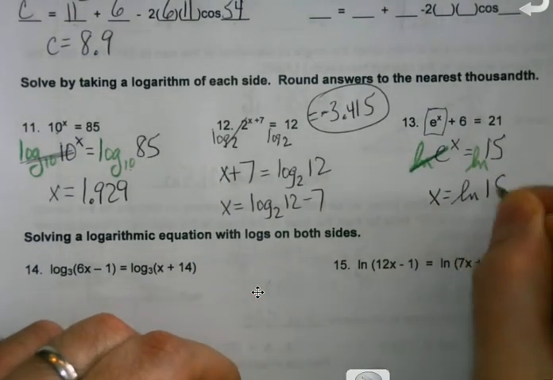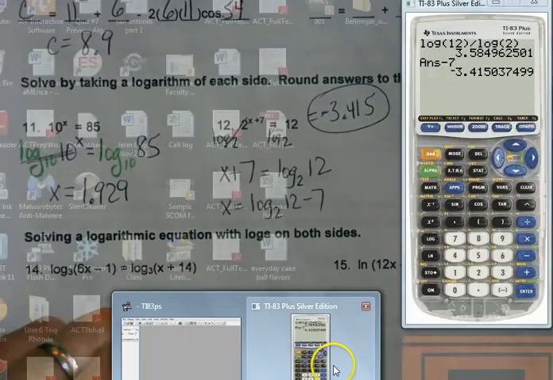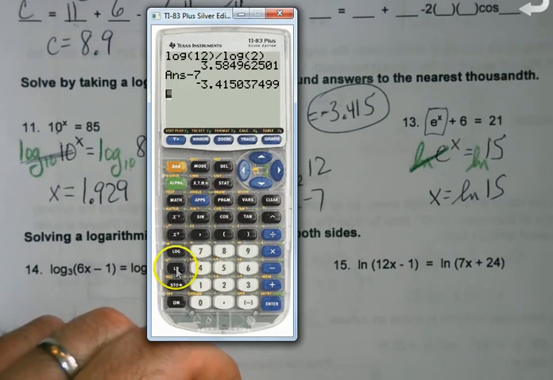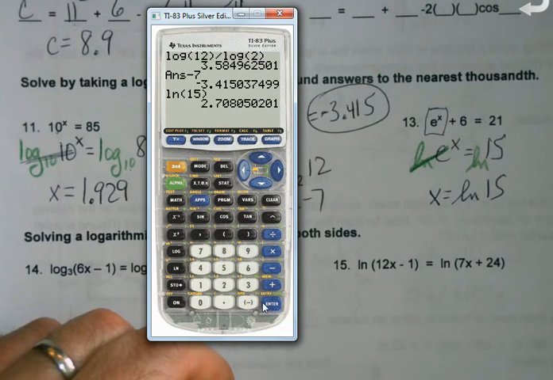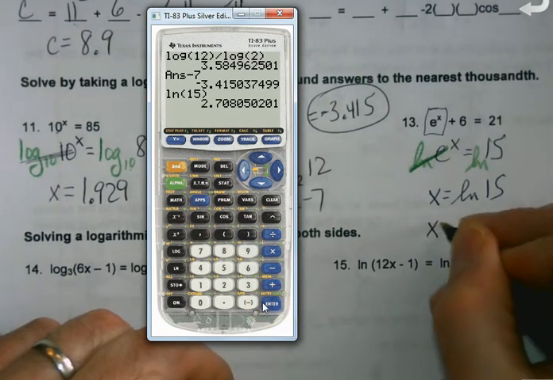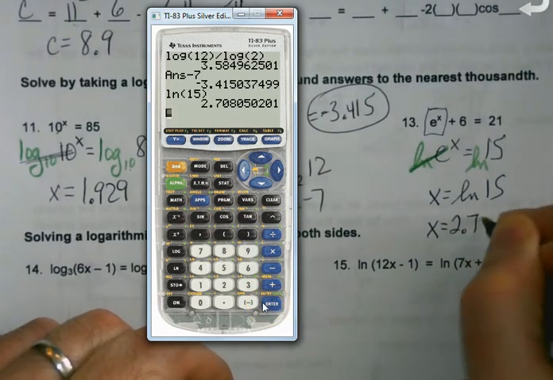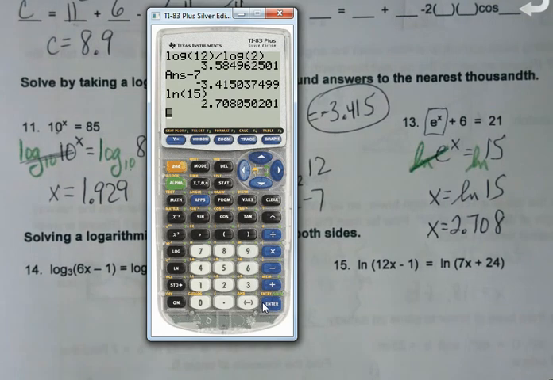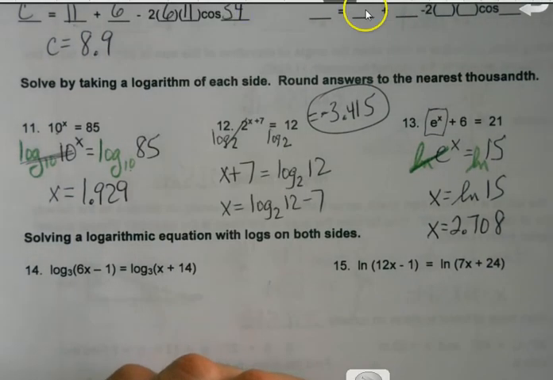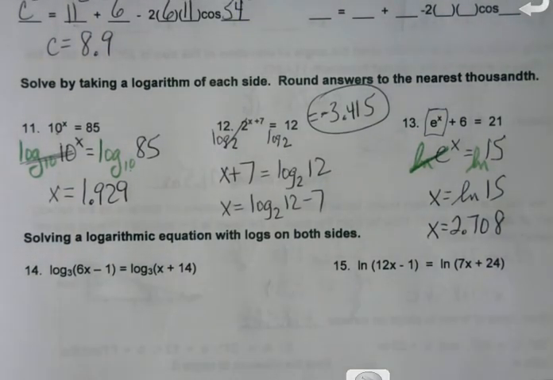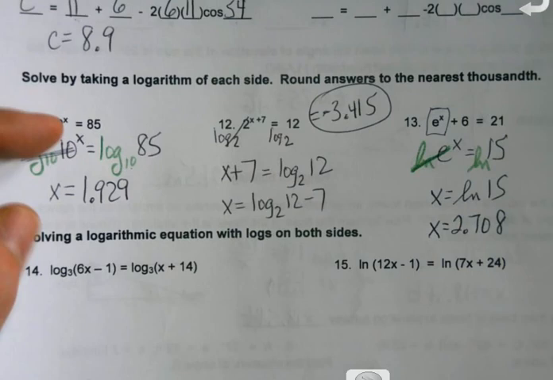And then the natural log of 15, get the calculator out of the way, ln 15. Whoa. Okay. So logs and their bases are opposite. Natural log and e are opposites if I'm trying to solve. And then we get to do the easy part.